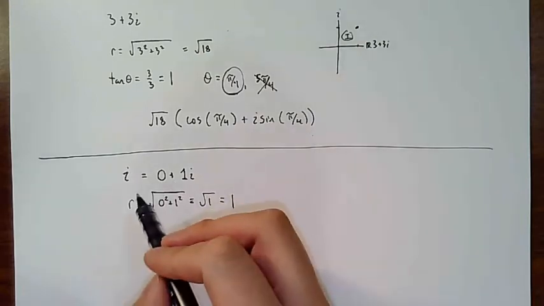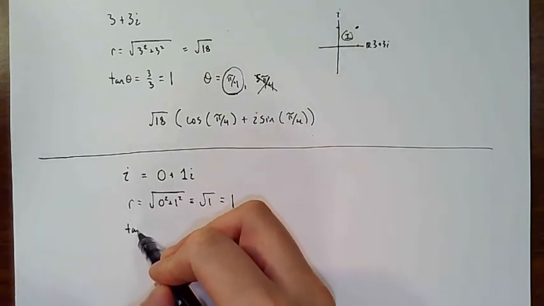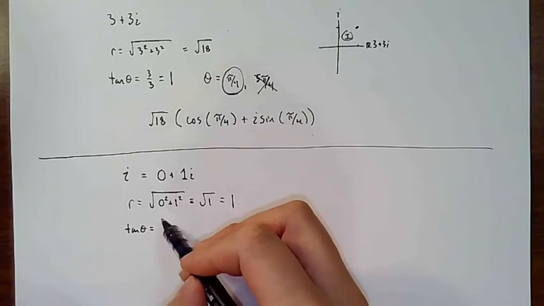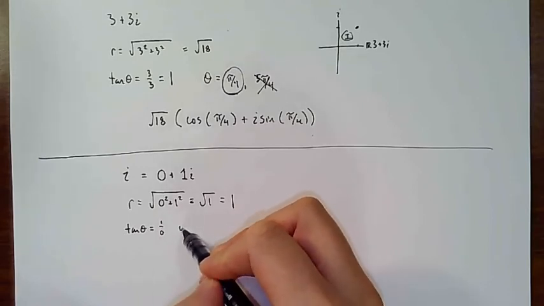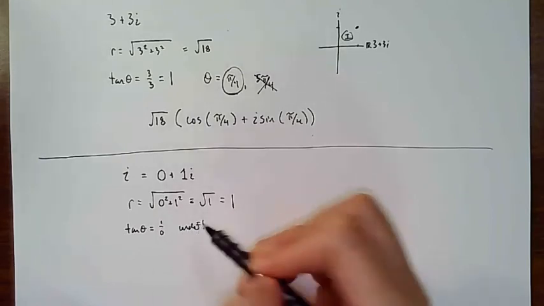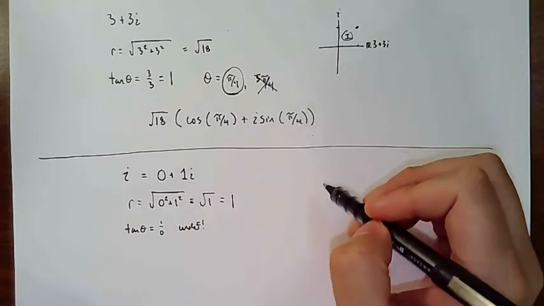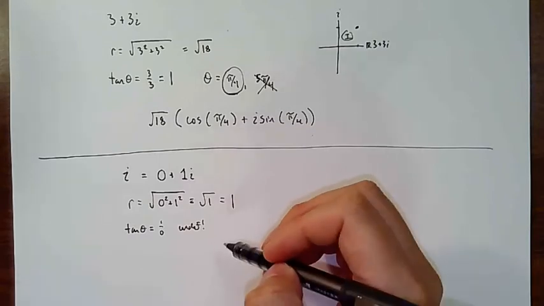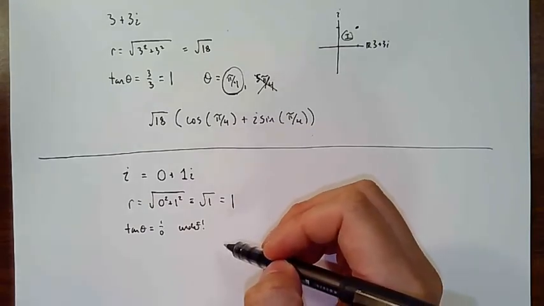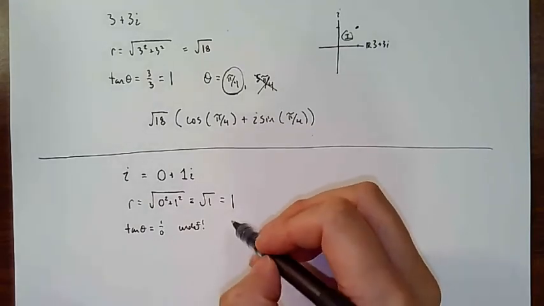Well, if we find our tan theta, we get that tan theta is equal to 1 over 0. Well, this is undefined. That's kind of a problem, but not really a problem. Tan of theta is undefined in the regular domain of the unit circle at two places. Where?